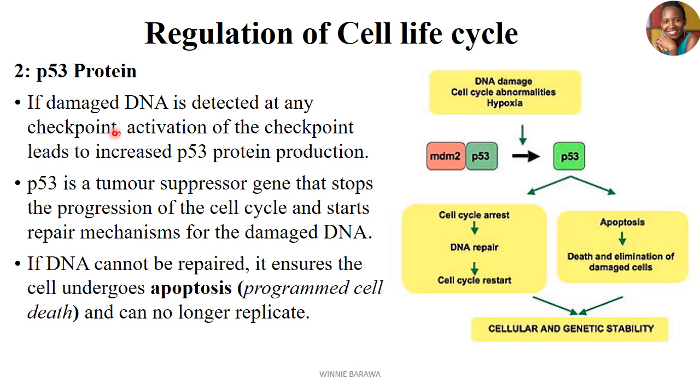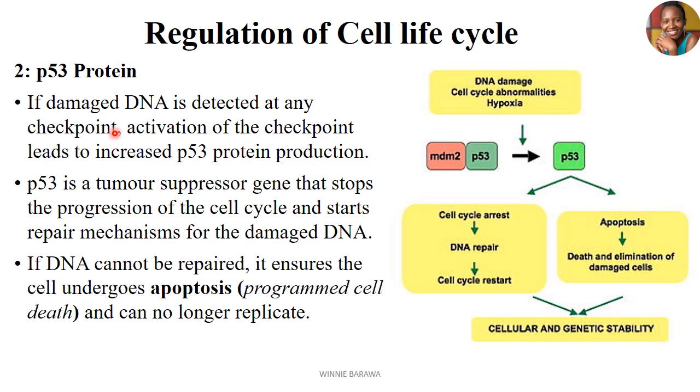So when you discover at the checkpoint that some cells have damaged DNA, the best thing to do is stop the process. What stops this process is the p53 proteins. So the p53 will stop the cell cycle, and then it will allow time for the DNA to be repaired and made complete.